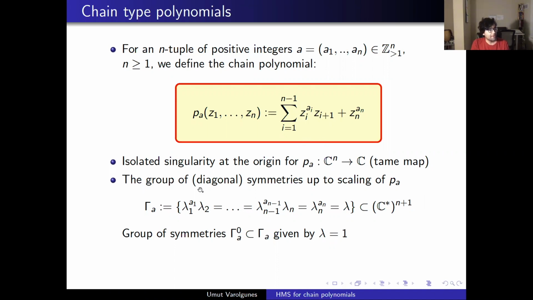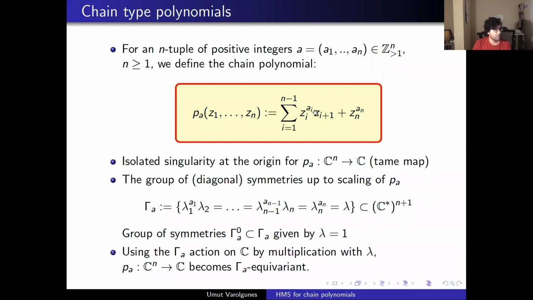And what I'm requiring is that they act in such a way that after I make my action, the overall polynomial gets multiplied by a scalar. Okay, so everyone knows this. So this is the full diagonal symmetry up to scaling group of PA. And I also keep track of that final scaling factor lambda in this group. And the actual group of symmetries is given by this lambda being 1. So those are the ones that actually preserve the polynomial.